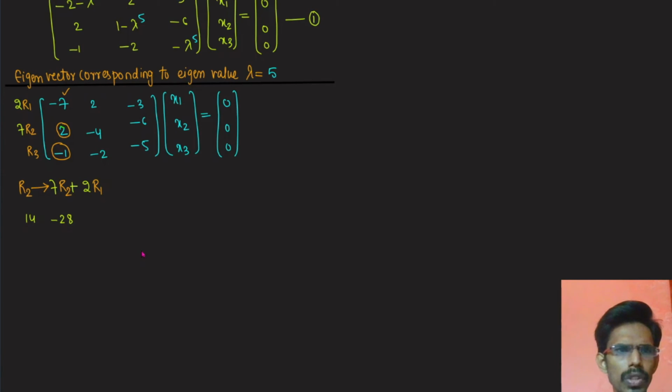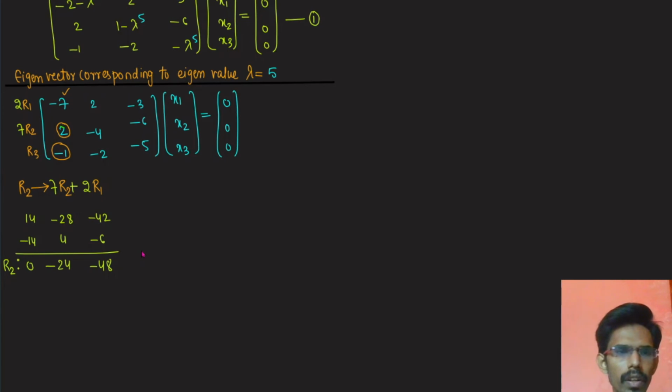Now 7 into 6 will be 42. Next to R1, multiply 2 to R1, it will become -14, 4, -6. Now add these two, I'll get 0, -24, this will become -48. Now similarly, this is new R2.